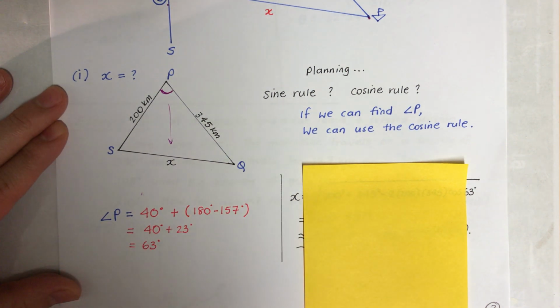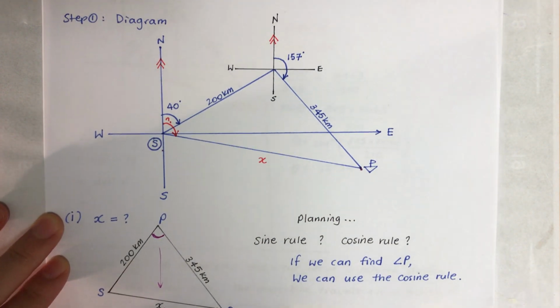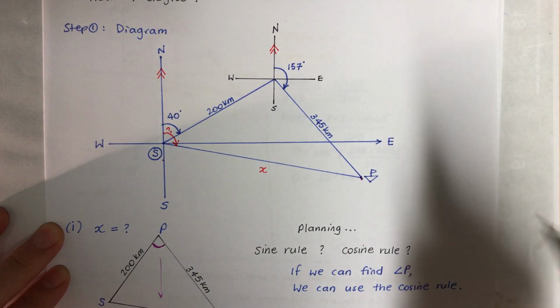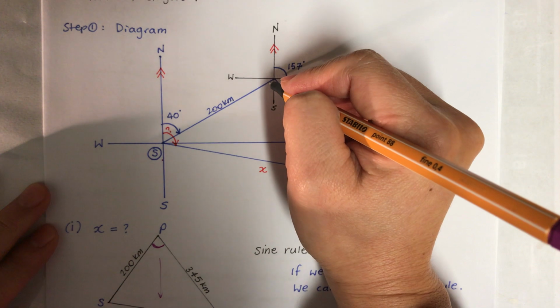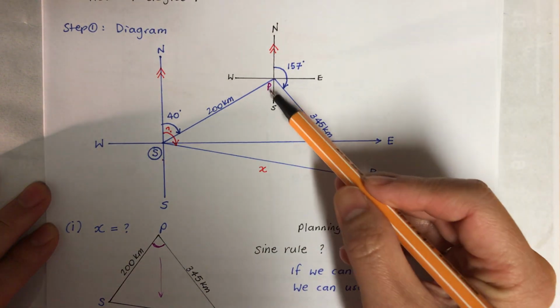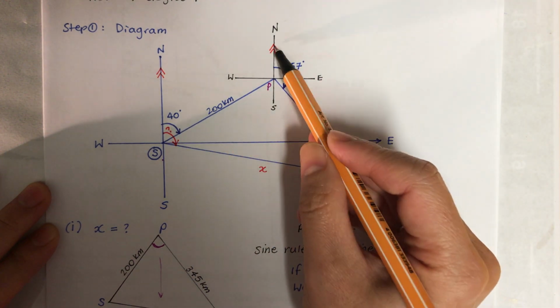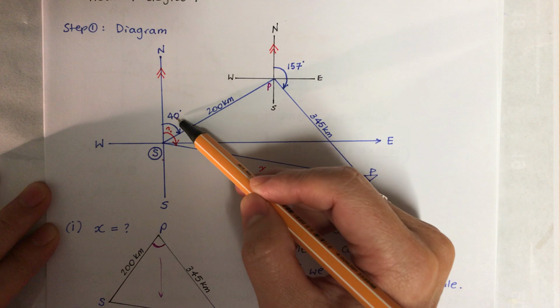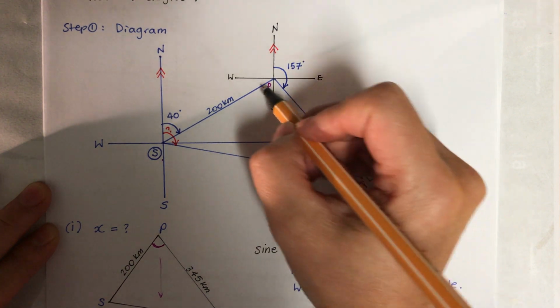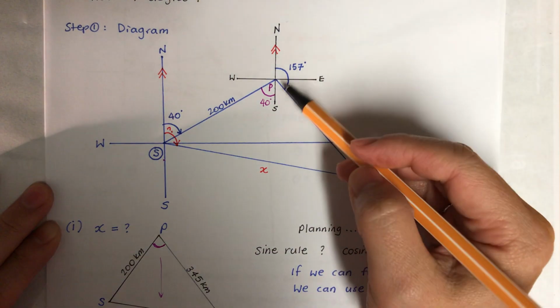How are we going to find the P? I'll just name the P here and Q here. So P will be, now can you see that's alternate angles because there are two parallel lines. That's 40, that's 40, isn't it? Yep, so that's good.